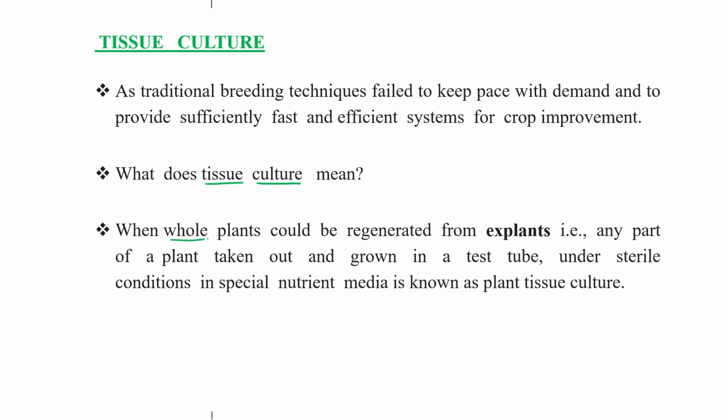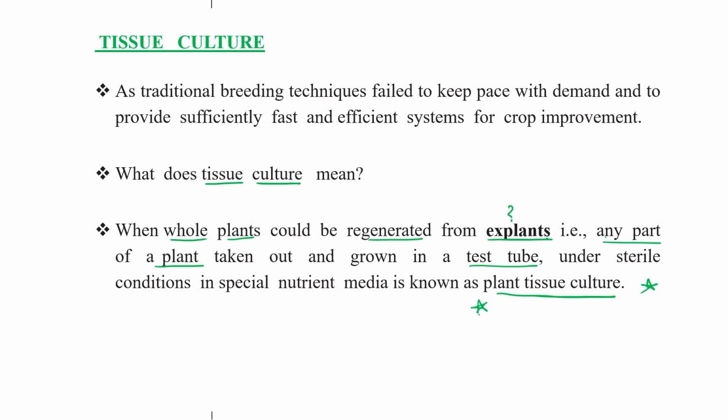When the whole plant can regenerate from an explant. What is this explant? It means any part of the plant, maybe leaf, maybe stem, okay, any part of the plant taken out and grown in a test tube under sterile condition in a special nutrient media, and this development of a whole plant from any part of the plant is known as plant tissue culture technique.